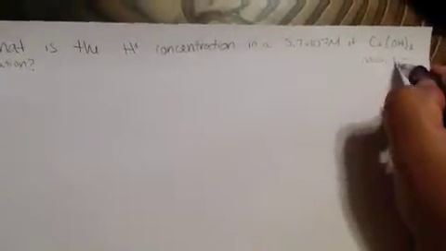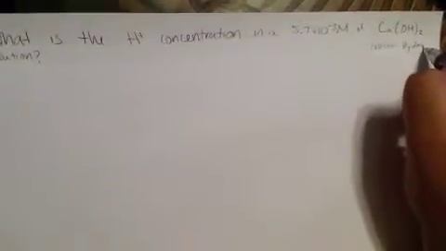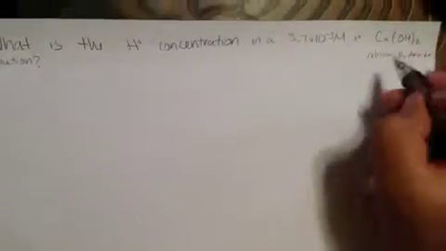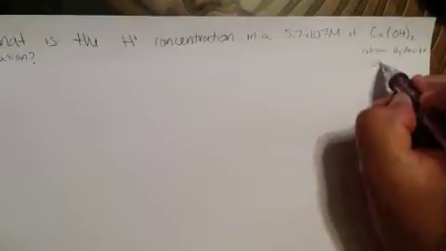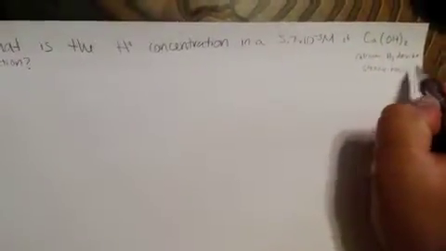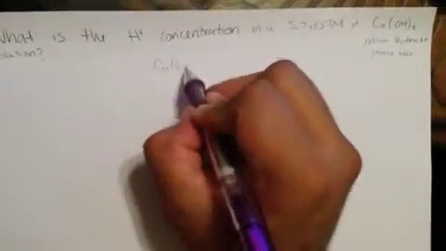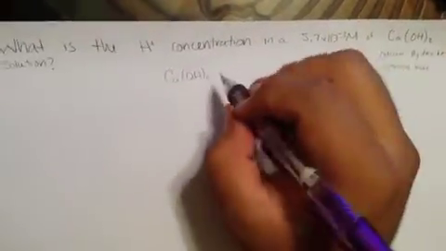what is the H plus concentration in a 5.7 times 10 to the negative 3 molality of Ca(OH)2 solution, or calcium hydroxide? We know that this is a strong base, so if we write the solution to it, we have Ca(OH)2.